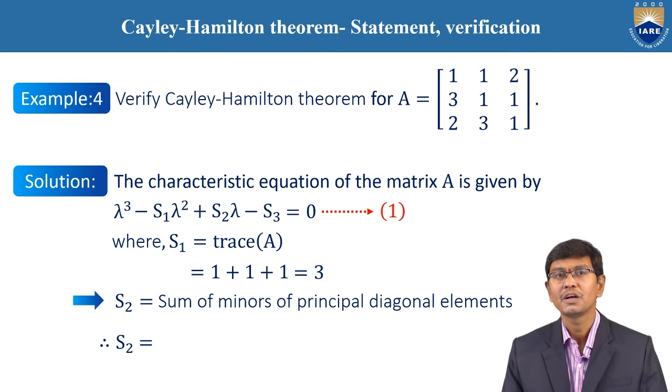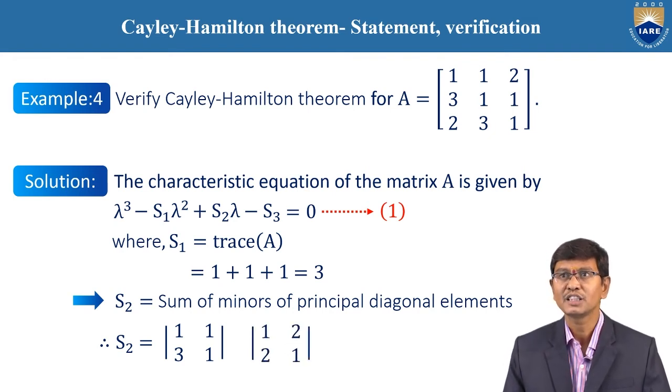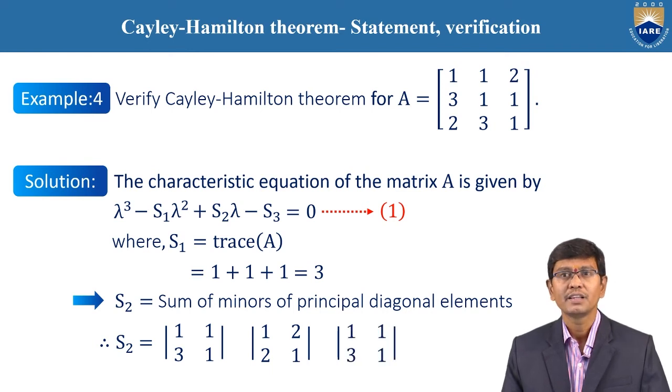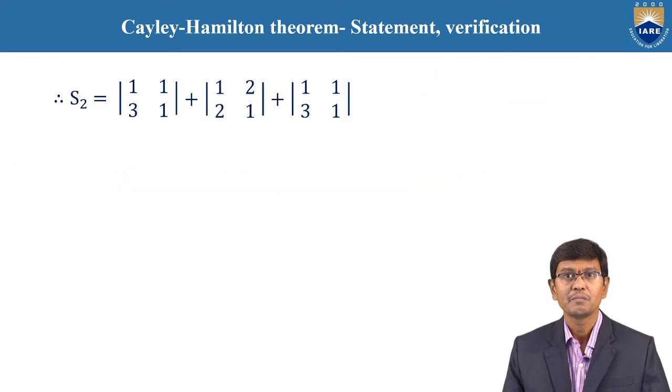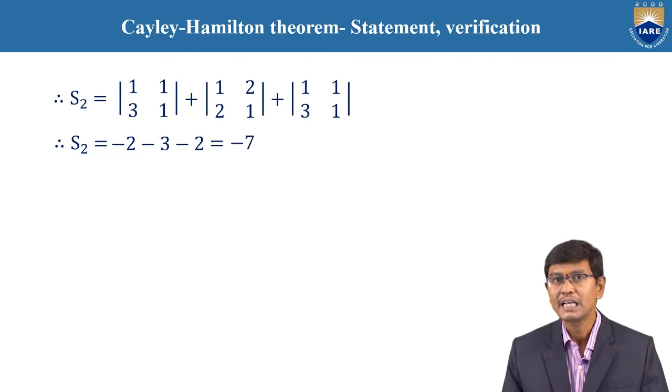Now we need to find out the minors corresponding to these 3. Therefore, S2 is equal to, first one, det of [1 1; 3 1]. The second one, the minor is [1 2; 2 1]. The third one, the minor is [1 1; 3 1]. Then, by addition of these 3, the sum of the minors of the diagonal elements, using the determinant individually and solving these matrices, you obtain the solution -2, -3, -2, which is equal to -7.